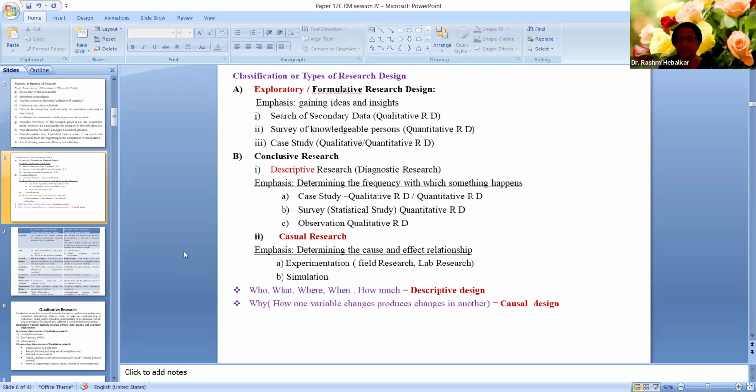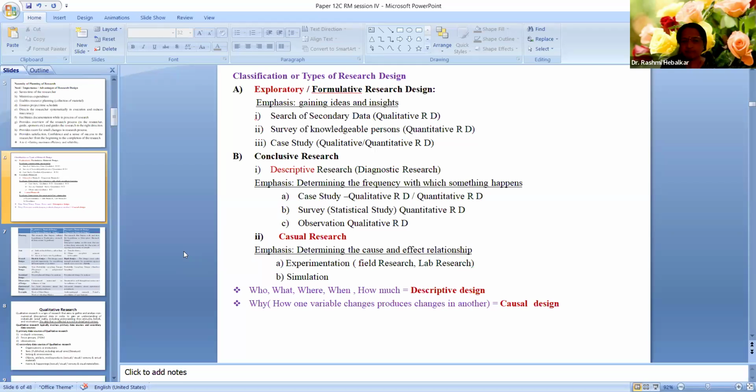So why there was much absence, why there was no effectiveness of the program in the form of results, whatever parameters of results you have decided. So this cause and effect relationship is established. It is called causal research.